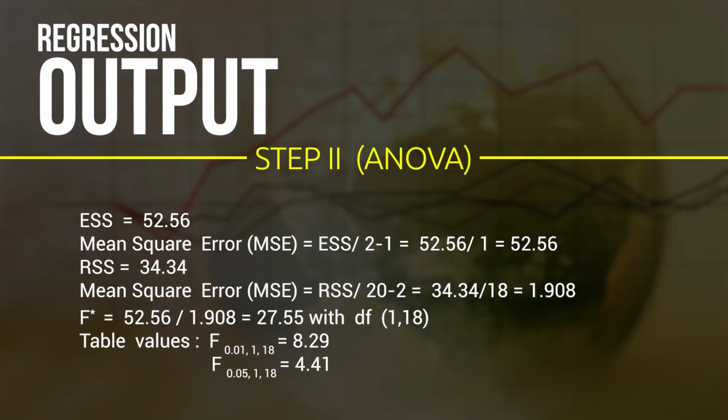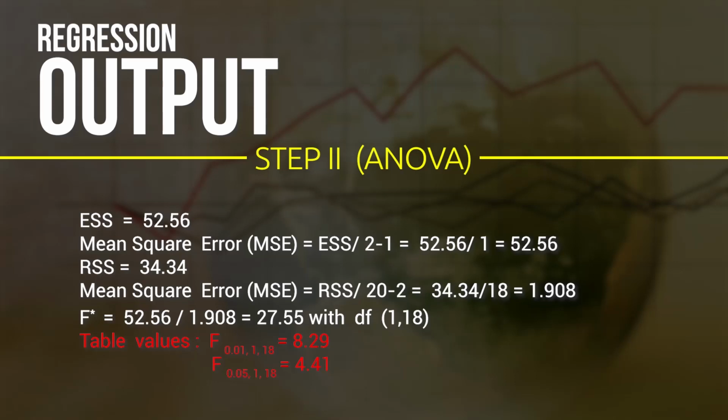Now we have the table values of F. These are given at the respective levels of significance, either 10% or 5%. But whatever the level of significance, we observe that the computed value is 27.55, which is much higher than 8.29 or 4.41.